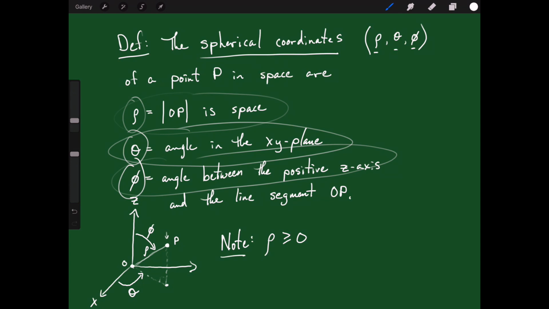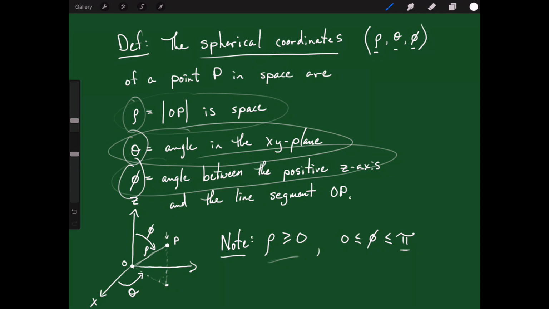We said that r could be positive or negative. In spherical coordinates, we're going to say that rho has to be a non-negative number. Second thing is that 0 is always going to be less than or equal to phi, which is always going to be less than or equal to pi. And it's very important that you notice that this is pi and not 2 pi.